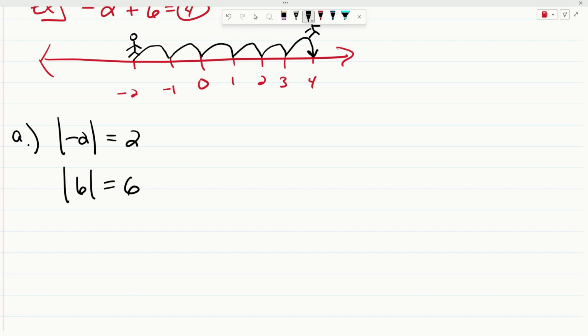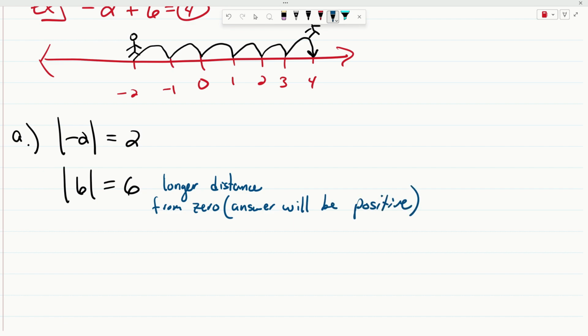The absolute value of negative 2 is positive 2. The absolute value of 6 is 6. And you're noticing that the 6 is the longer distance from 0, which means our answer will be positive. All right?